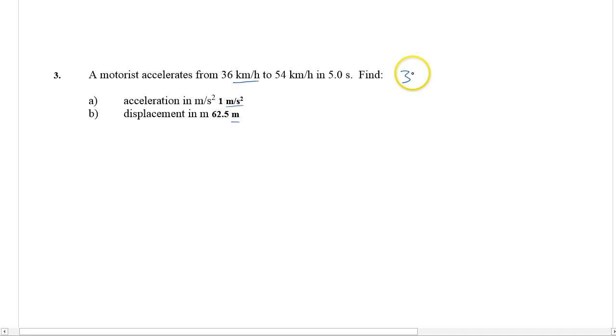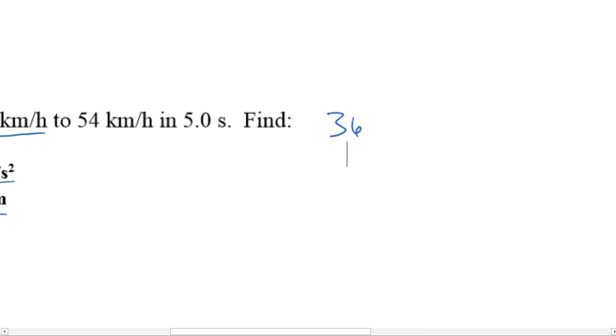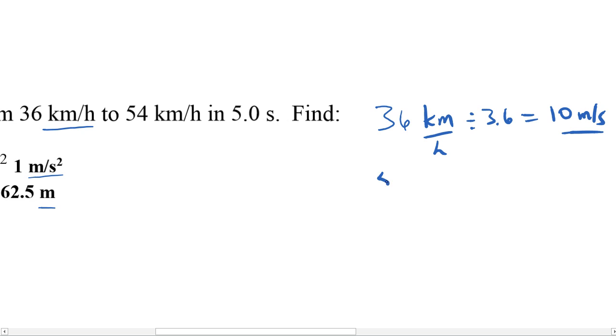Okay, so 36 kilometers per hour, and if we divide by 3.6 to change to meters per second, I'll get 10 meters per second. Okay, and then 54 kilometers per hour divided by 3.6. What is that, 15? Yeah, 15 meters per second.